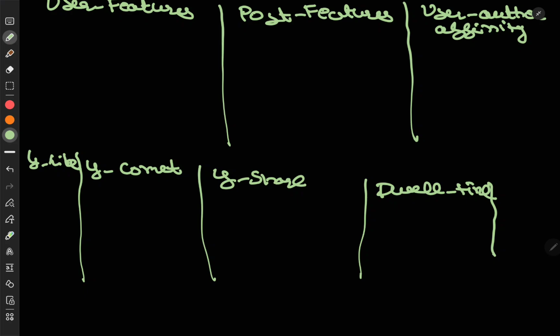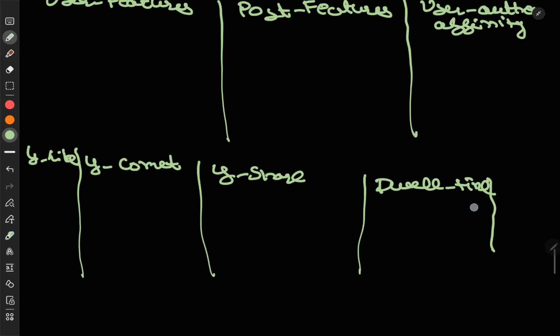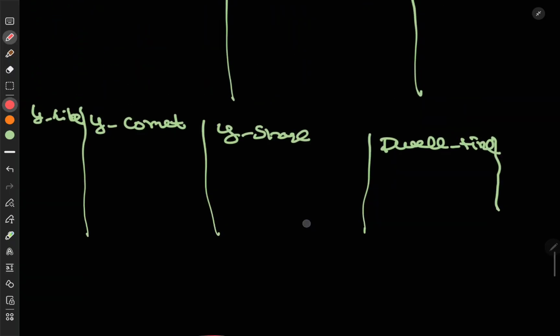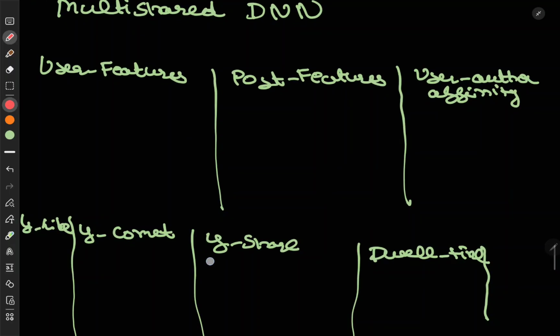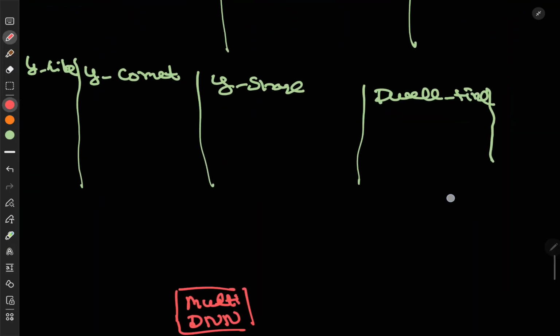But how will our model look and what loss function will we be using, let's go over that. The model is nothing but a multi-head DNN, and we have three things coming in: user features, post features, and user author affinity.